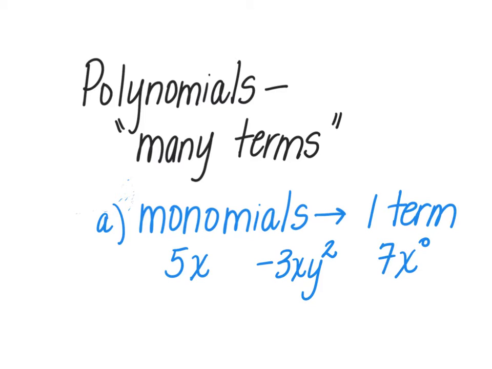Notice that in negative 3xy squared, we do have a negative here, but it's a coefficient. It's not an exponent. And we have a 0 as an exponent, but 0 is not considered negative. So monomials are only one term. Remember, terms in math are separated by addition and subtraction signs.